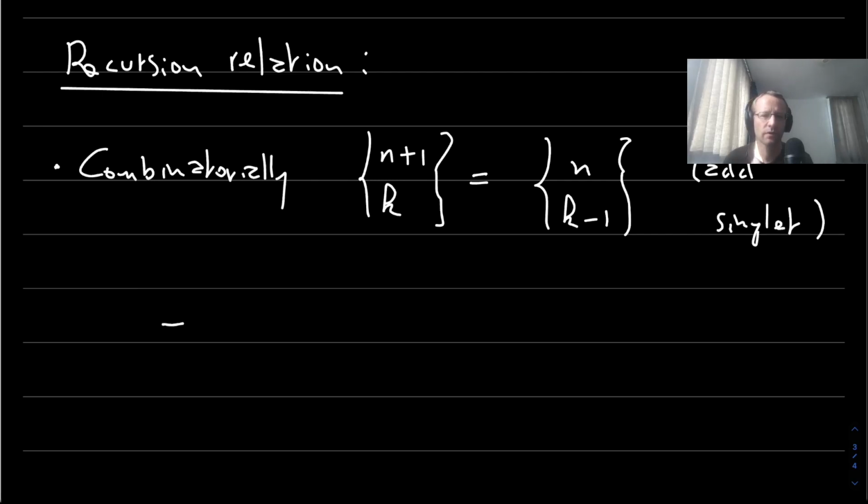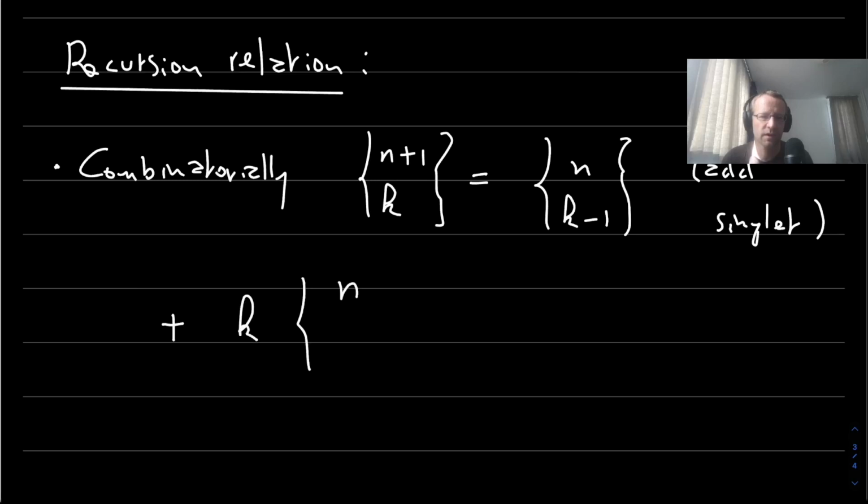Or I can add the (n+1)th element to one out of the k subsets I have.